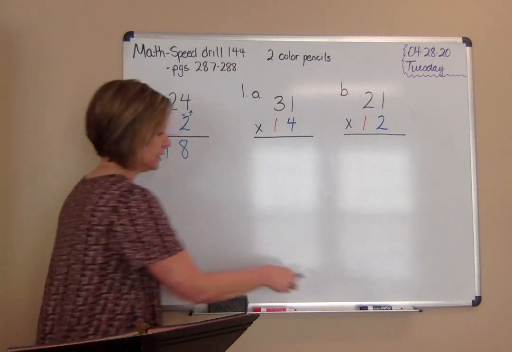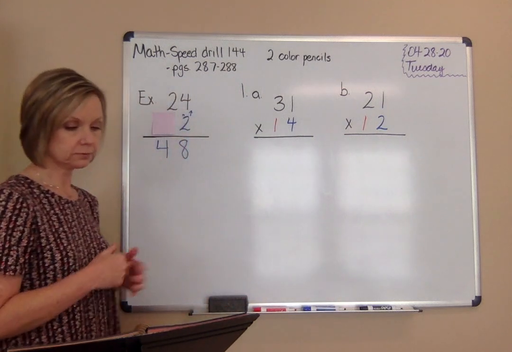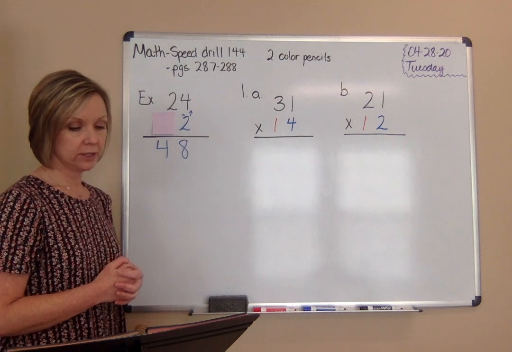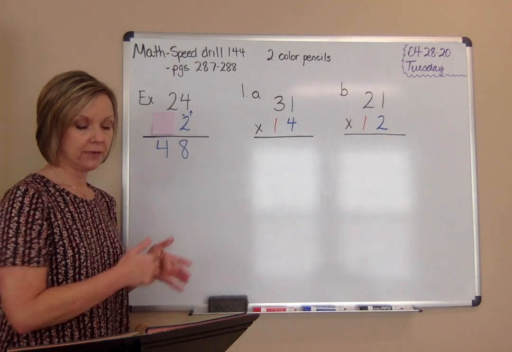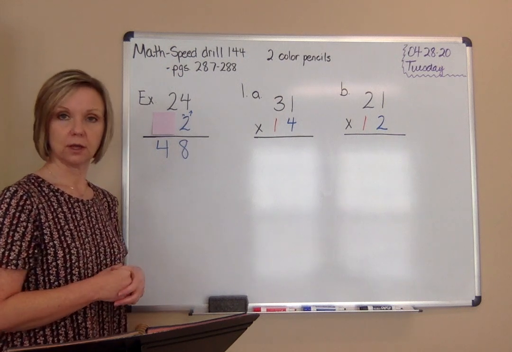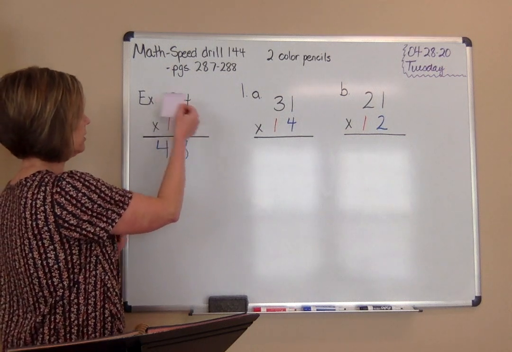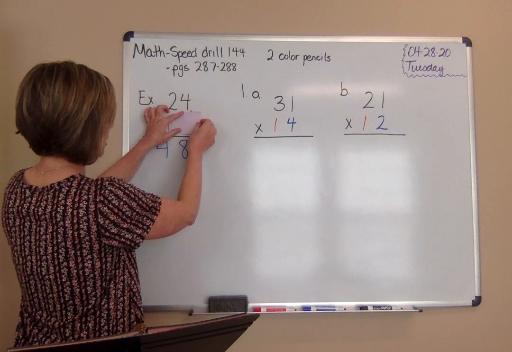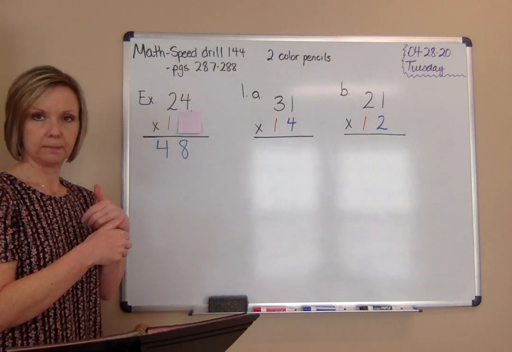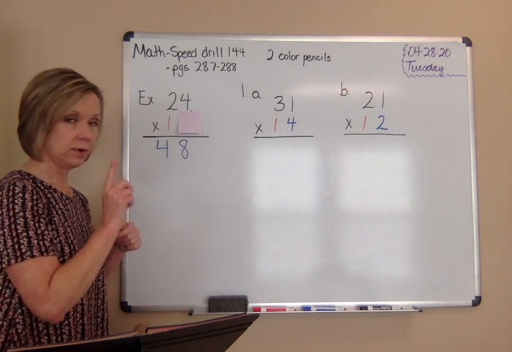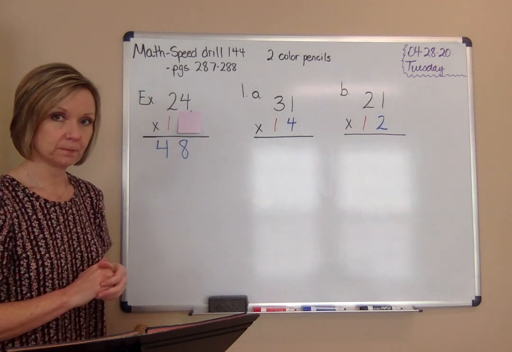Now let's look at step 2. Multiply the top factor by the tens digit of the bottom factor. I'm going to cover my 2 up because I'm finished with that. Now, this is what I need you to remember.